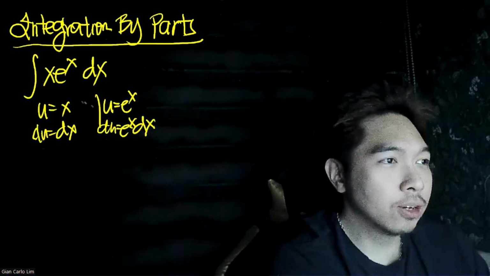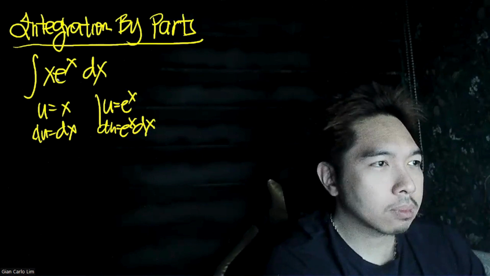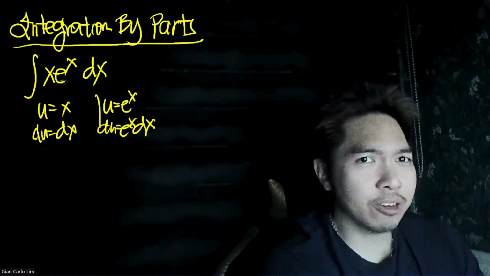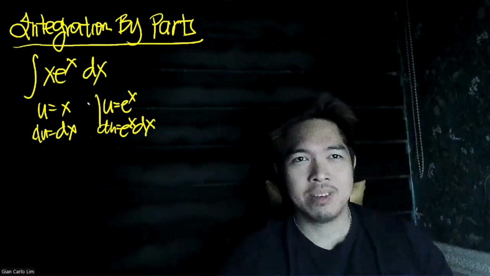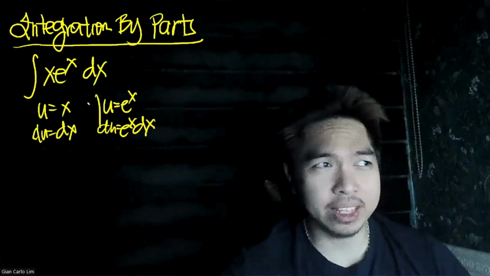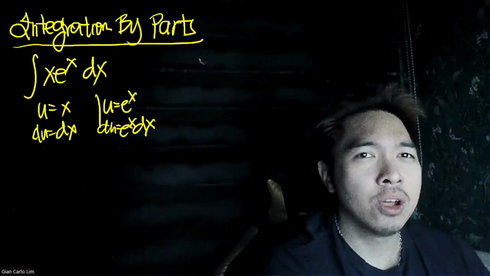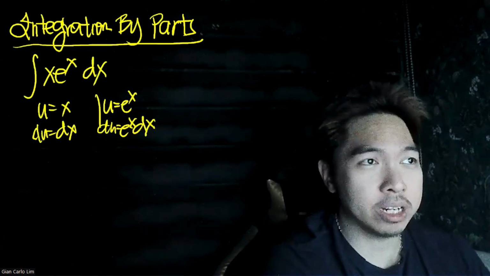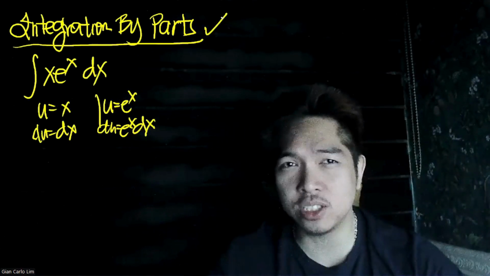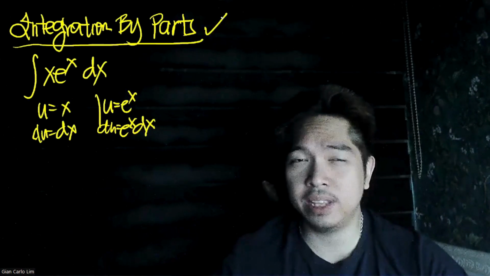So for that case, it's hard to integrate this. So we'll find another way to integrate this, and we're going to use another technique, which we call integration by parts. And that would be the essence or the topic or objective of this lecture.